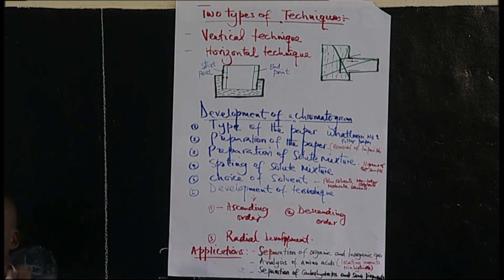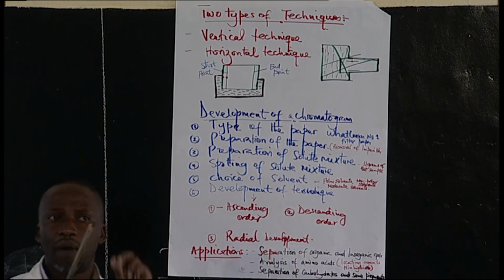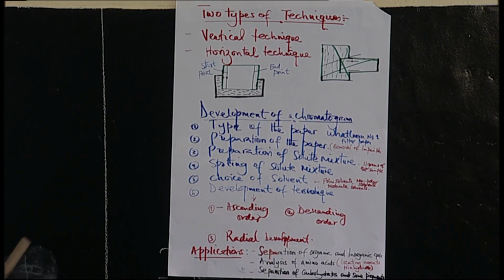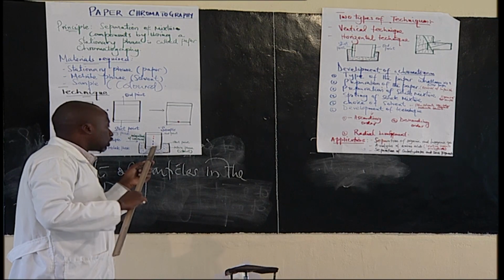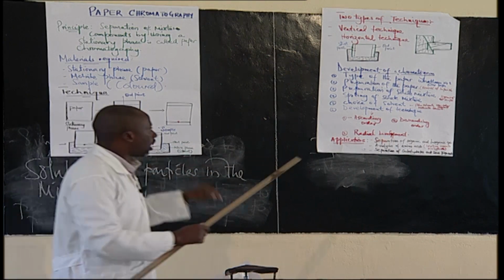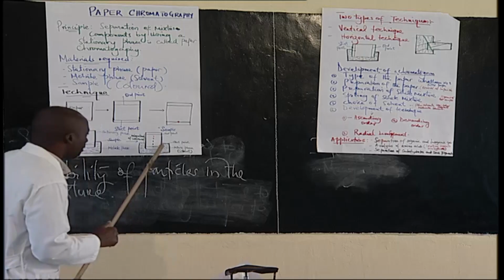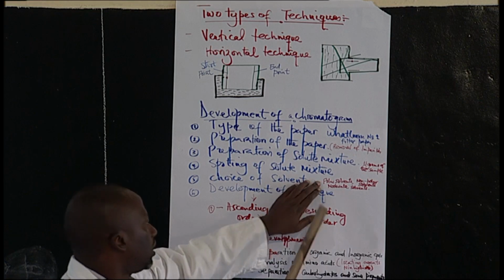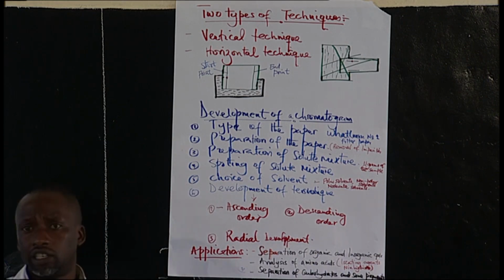Then preparation of the solute mixture. In most cases, the mixture is added in small quantities, micrograms of the sample. Spotting of the solute mixture. So here, this is the spot. So that's where you have to put it. The choice of the solvent to use, that is the mobile phase. So which type of the solvent? There are many solvents. We have the polar solvents, non-polar solvents, and then we have the moderate solvents.